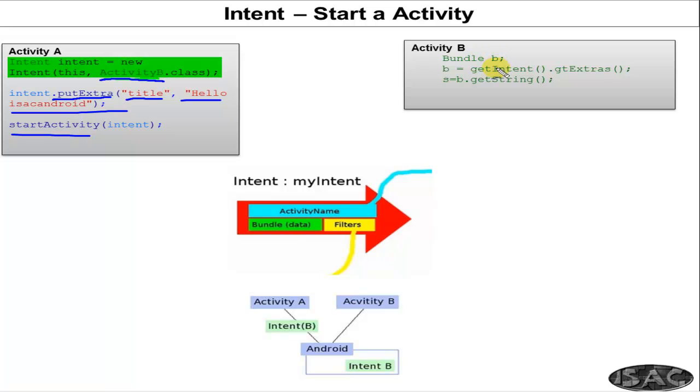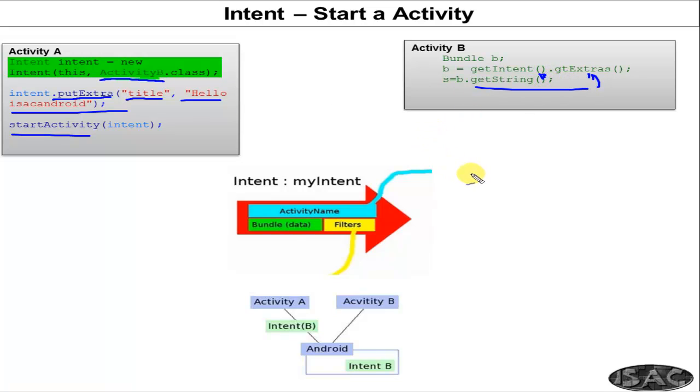Use the Bundle object: getIntent().getExtras() will give you the Bundle object, and from the Bundle there is a method called getString. Here you have to put the key, title, in quotes. Once you put the title as the key, you will get the value, Hello Isaac Android.